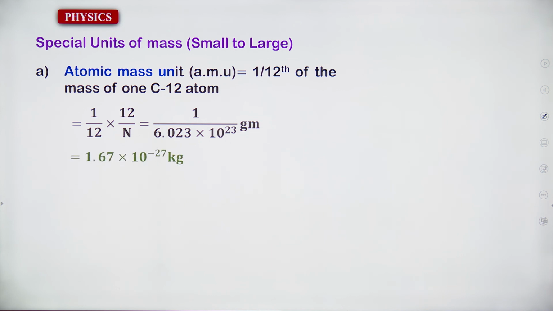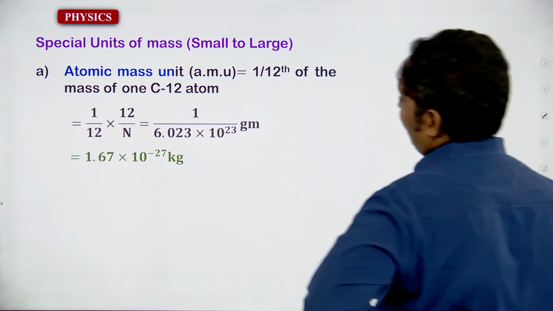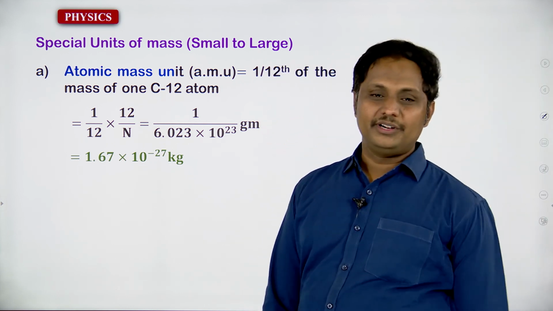Just you have to see that it is 1.67 into 10 to the power of minus 27 kg. So 1/12 of the mass of one carbon atom, after getting the Avogadro number N, its value is 1.6 into 10 to the power of minus 27 kg.